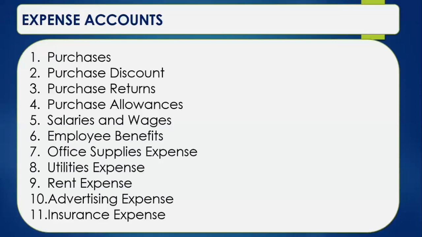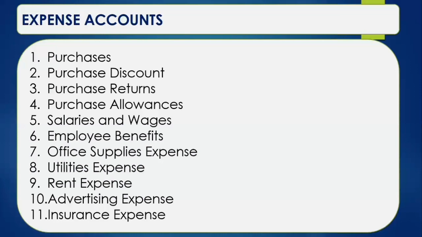So examples of employee benefits, we have bonuses, uniforms, meal allowances, your 13th month pay, and also your vacation and sick leave benefits. Okay, so these are just some of the many examples under employee benefits.